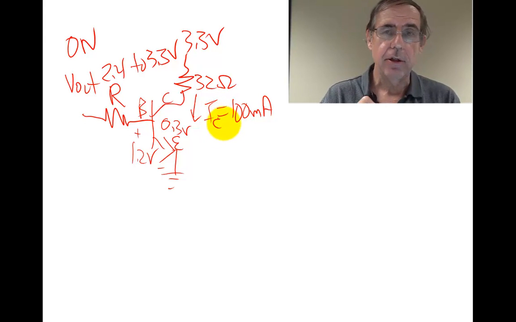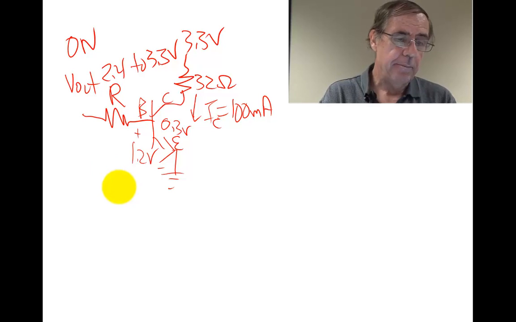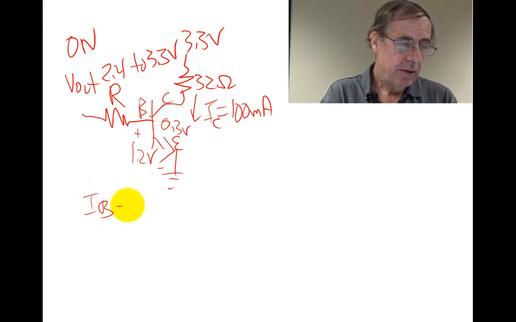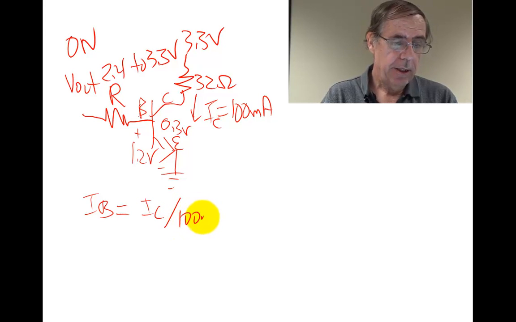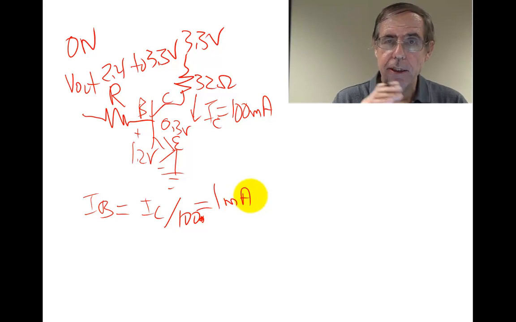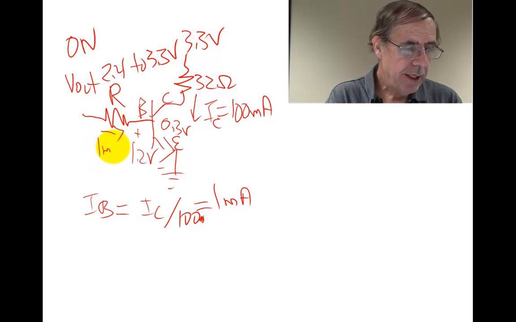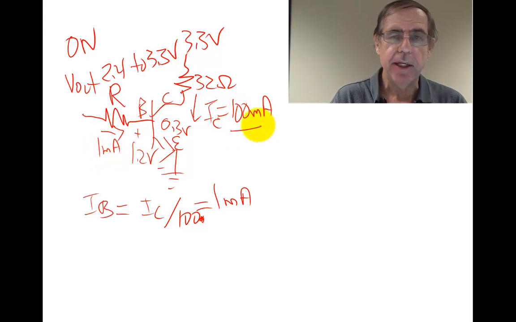This is the collector current, because that's the current going into the collector. And now we can look at the base current, which is the collector current divided by 100. So the base current here is going to be about 1 milliamp. See that? That's how this thing works. So a 1 milliamp current here is going to be amplified to a 100 milliamp current there.